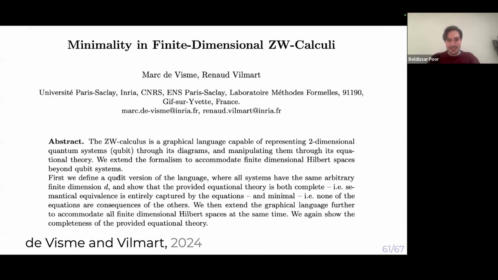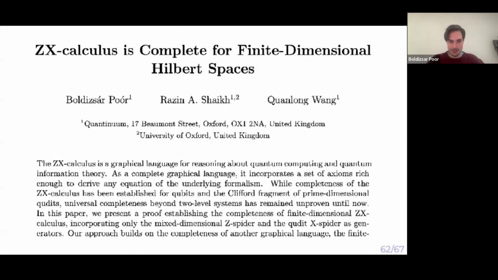And they have quite a nice set of rules. So they do consider minimality, unlike us. So they came up with quite a nice calculus, and based on that and our new understanding of these mixed dimensional Z spiders, we have been working hard on developing a new calculus, the mixed dimensional ZX, the finite dimensional ZX calculus.